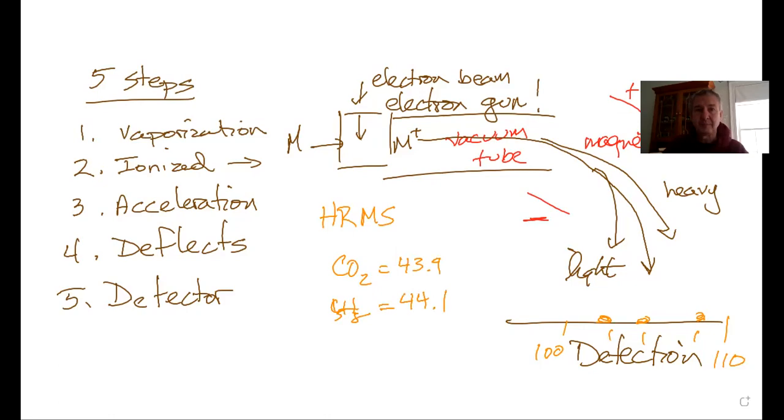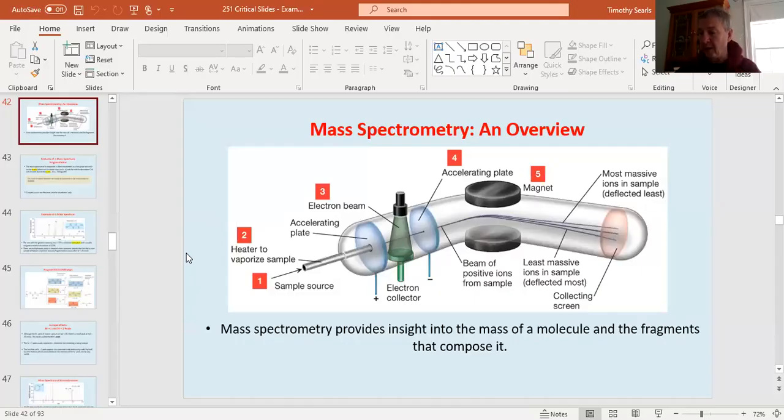Now, looking back at our image, now that we have that information, here you are. The first thing, you have a heater, vaporize it. Step one, vaporization. Two, it's ionized. Ionization is the second step.